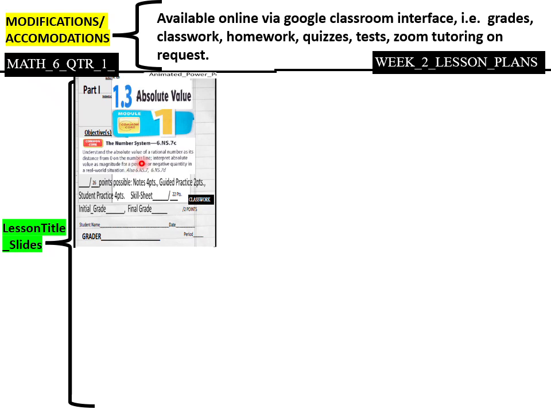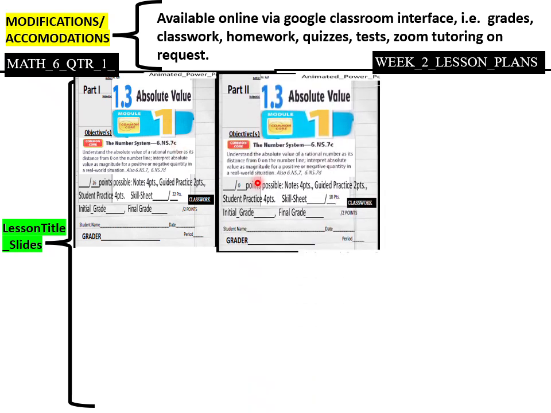Interpret absolute value as magnitude for a positive or negative quantity in a real-world situation. And our points for 1.3 classwork part 1: we have 26 points of note-taking, and then 22 points on your classwork sheet, and that's for part 1 classwork.